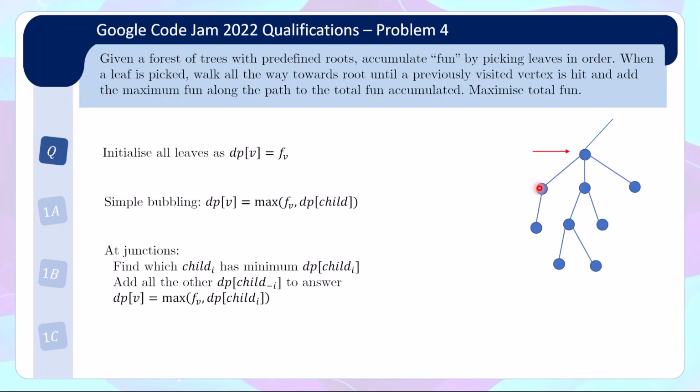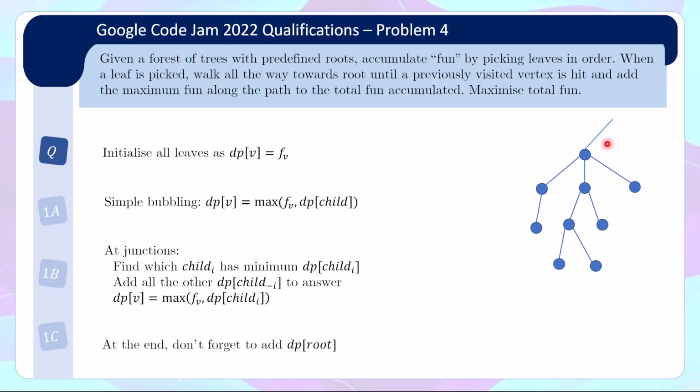And then we'll bubble the noobest leaf up as the choice that will tap on this vertex and beyond. To do that, the DP value of this vertex will be updated to the maximum of its fun value and the DP of the noobest child, which corresponds to having the noobest leaf bubbling upwards. Yeah, so this is the DP update.